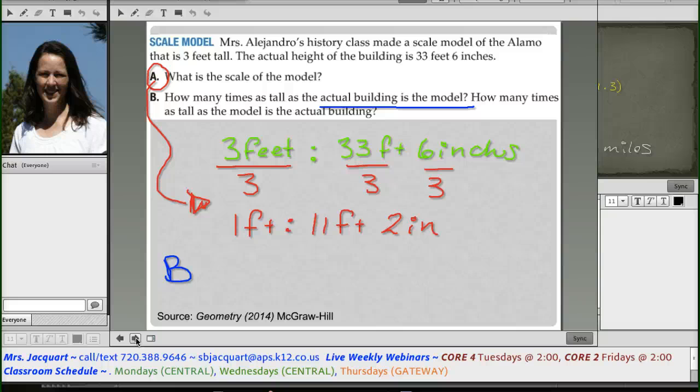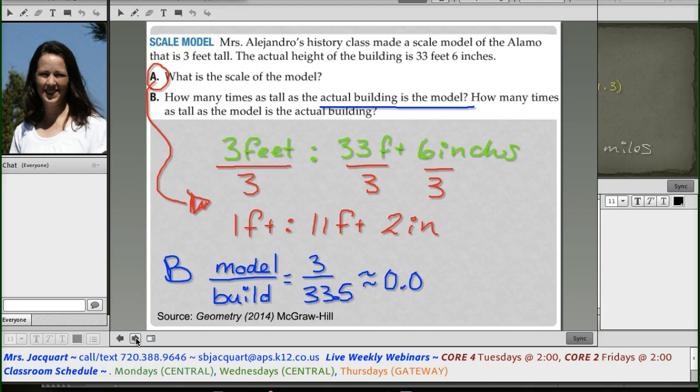For the first one, we're going to take the model and divide it by the building. So that's going to be 3 divided by 33.5, which is approximately 0.09 times as tall.